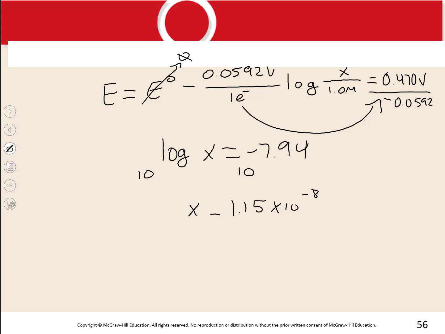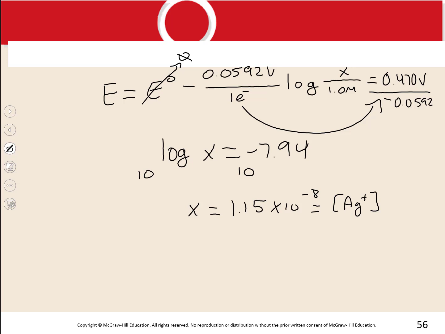So if that is our x, that is the concentration of silver ions in silver cyanide. So we still need to find Ksp.